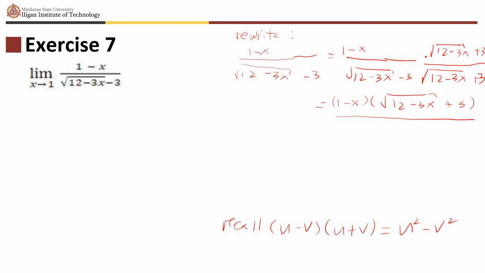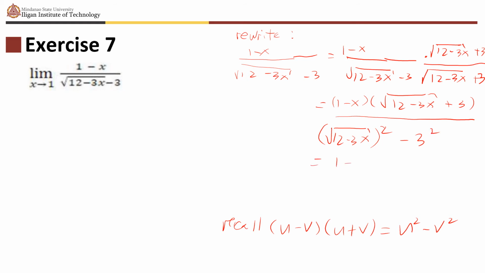So if we have u minus v times u plus v, it should give us u squared minus v squared. I mean to say, this is the same as the square root of 12 minus 3x squared minus 3 squared.